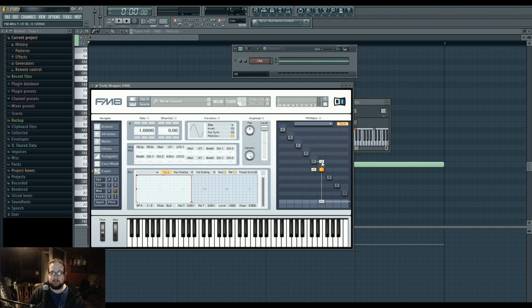With E and F, for example, F being the default one engaged, I'm going to right click to engage E, and now this means I'm going to modulate F by E, F being the output operator and E being the modulation operator, or modulator and carrier, which, if you've used vocoders at all, you might be familiar with that sort of relationship. I could also modulate E by F, which is this direction.